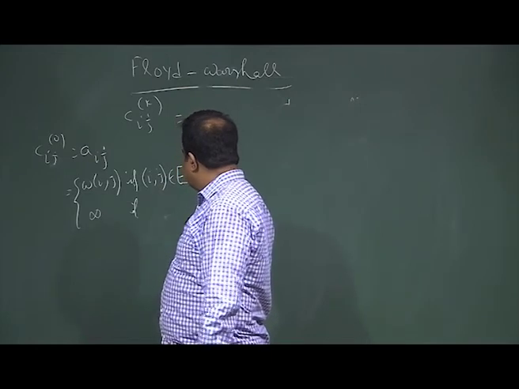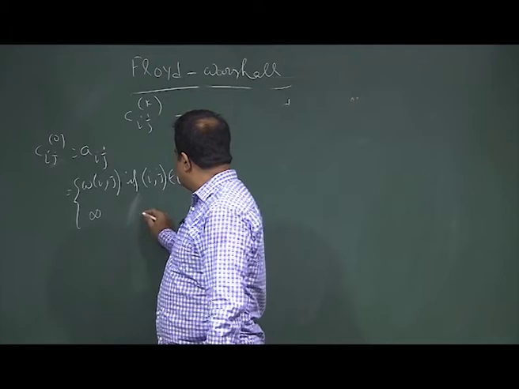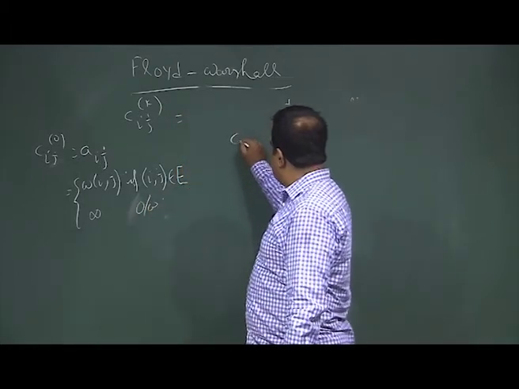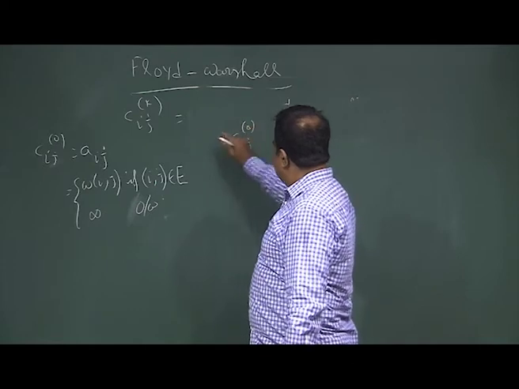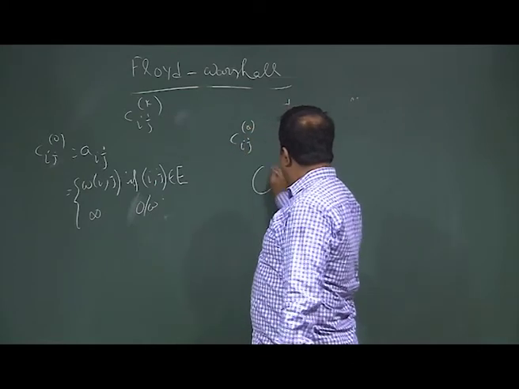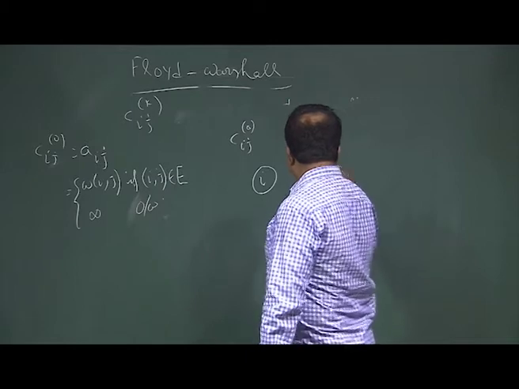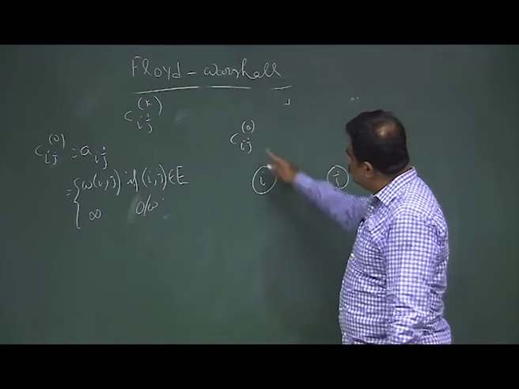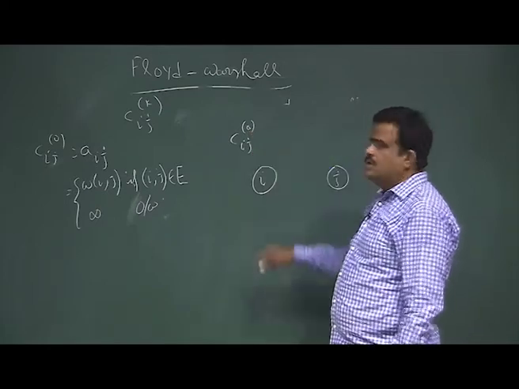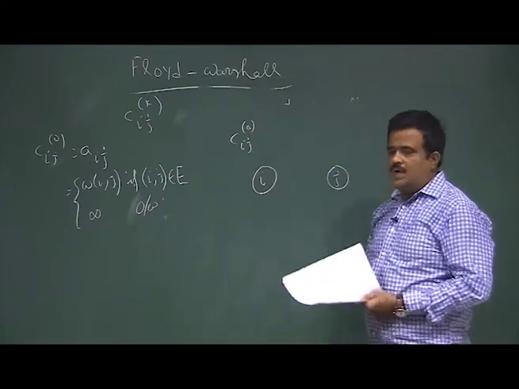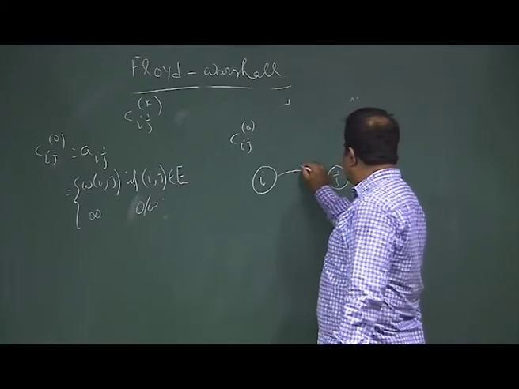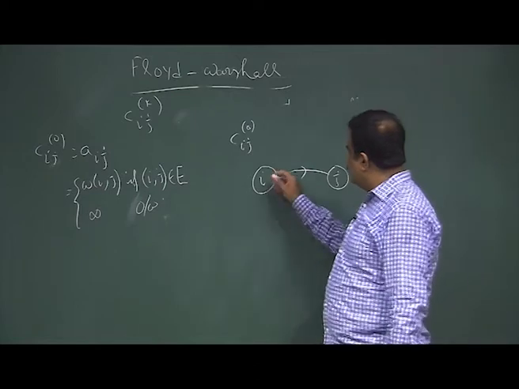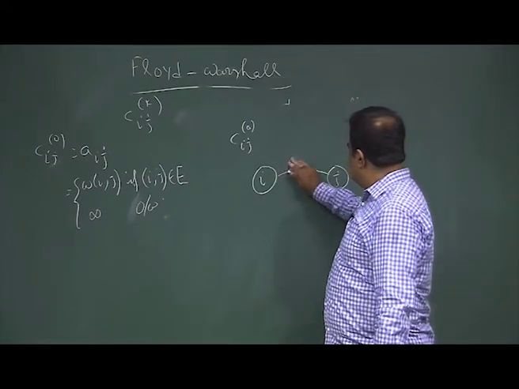So, basically C_ij^0 means we are at the ith vertex, and in the middle we want vertices whose level is less than or equal to 0, but our vertices start from 1. So, we do not want any vertex. So, if there is a direct edge from i to j, then that will be basically W_ij.